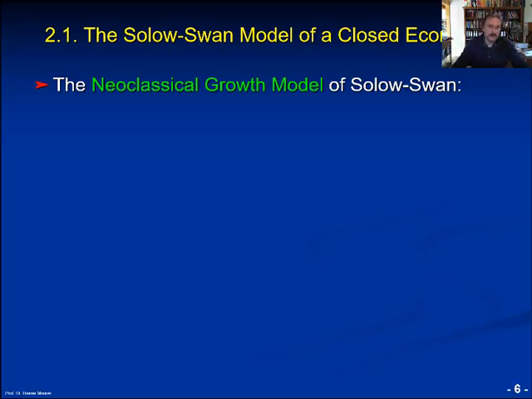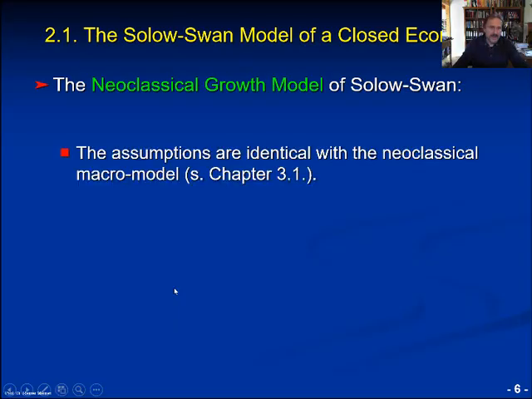We will therefore analyze in the following the simplified textbook version of a growth model that goes back to the economists Robert Solow and Trevor Swan, the so-called Solow-Swan model of economic growth. As we will see in chapter 3, the underlying assumptions are identical with the so-called neoclassical growth model.